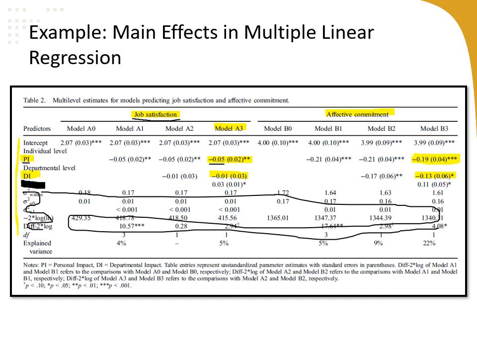We know that's the case. When we take that out of the equation, we still have a significant negative relationship between the personal impact and job satisfaction. So this is stronger evidence beyond just the correlation that we saw earlier that personal impact is a predictor or is related to job satisfaction.